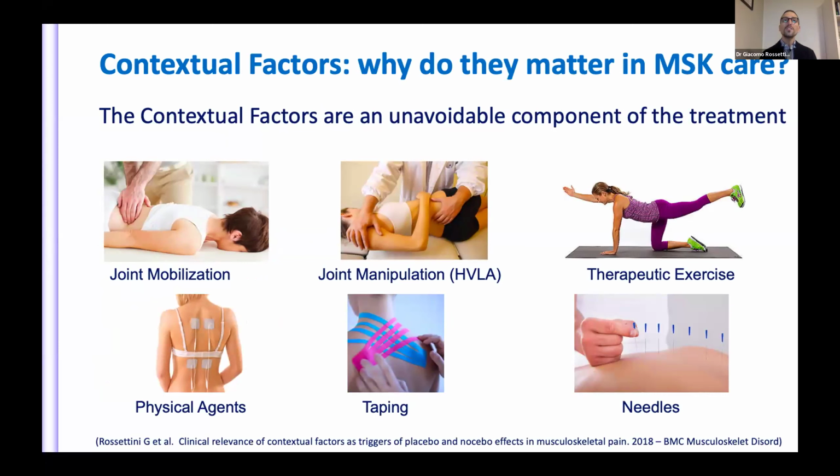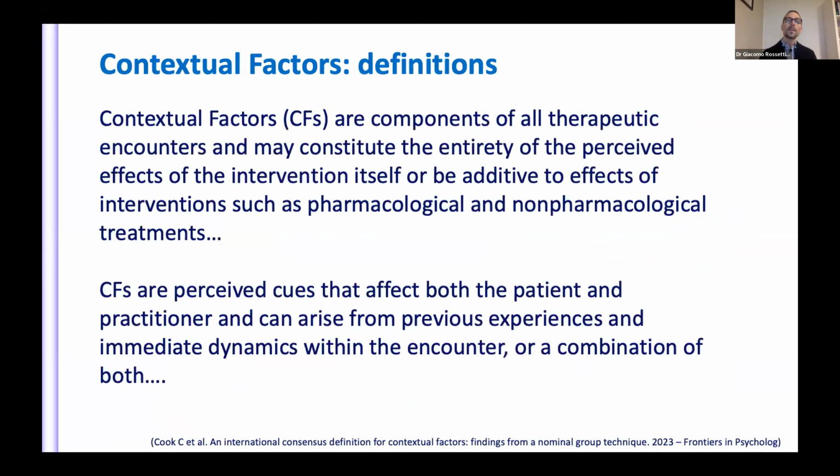They are always present when administering both hands-on treatment, such as manipulation or mobilization, or hands-off treatments, such as exercises, or when we use needles or physical agents. So, instead of wondering if they exist and wanting to limit or control them, we should understand how we can use them in our clinical practice for the benefit of our patients.